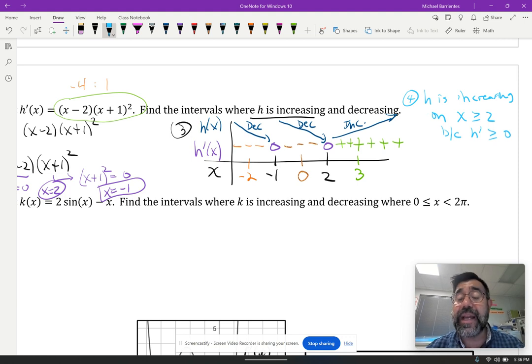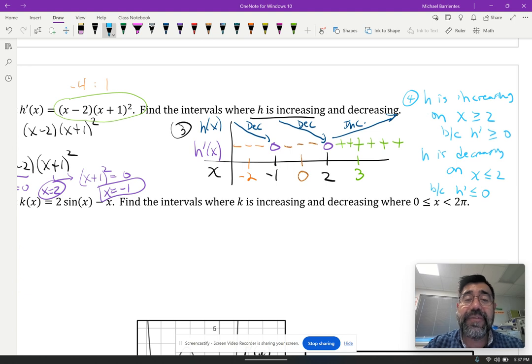I know that that's true because my derivative is always positive or equal to 0. And then I can say h is decreasing on, well, really, it's decreasing here and here. Why don't I just say anything to the left of 2, on x's that are less than or equal to 2, because the derivative is less than or equal to 0.